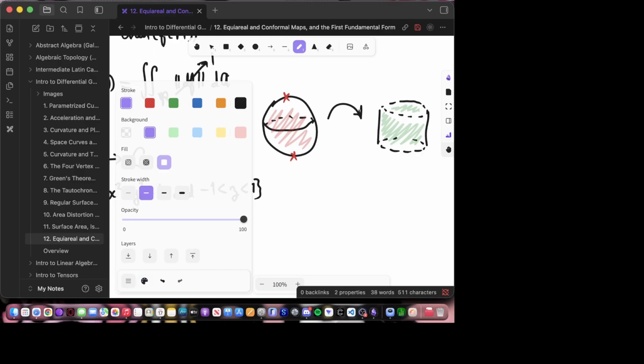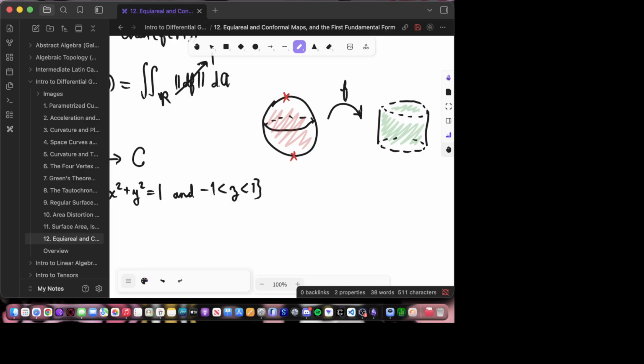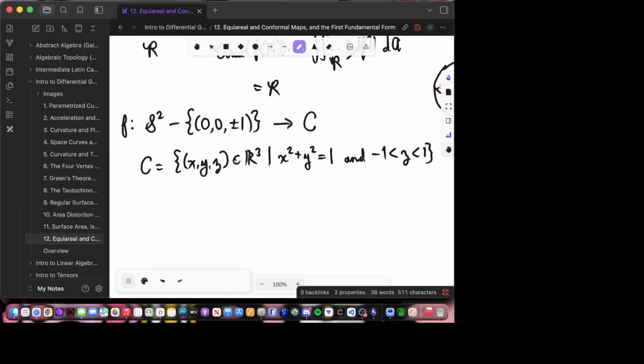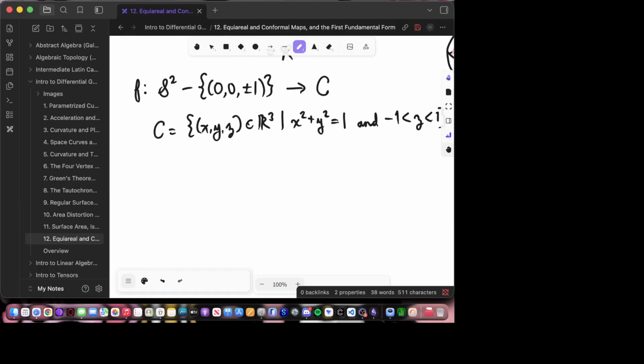We can actually discuss this map explicitly.